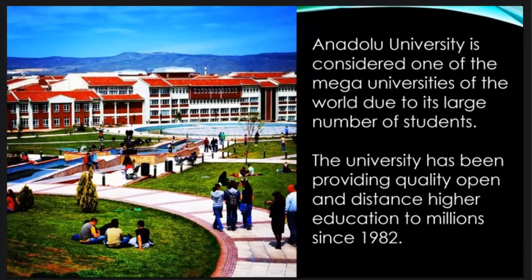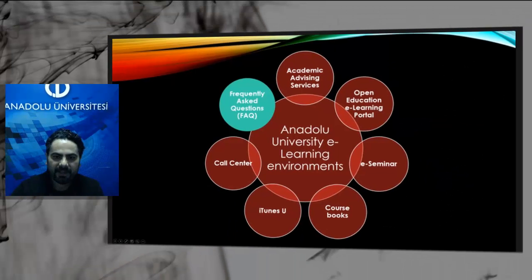About Anadolu University: Anadolu University is considered one of the mega universities of the world due to its large number of students, about 1.5 million students. The university has been providing quality open and distance higher education to millions since 1982. Here are some services, some e-learning environments provided by Anadolu University Open and Distance Education System, as you can see on screen.